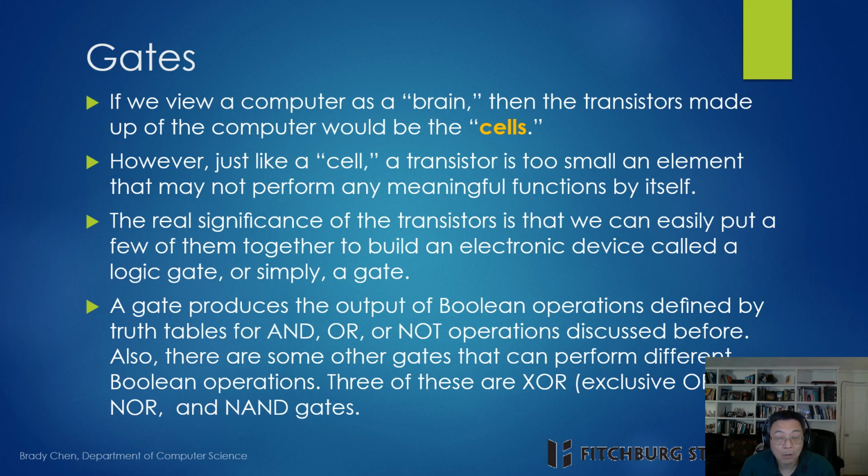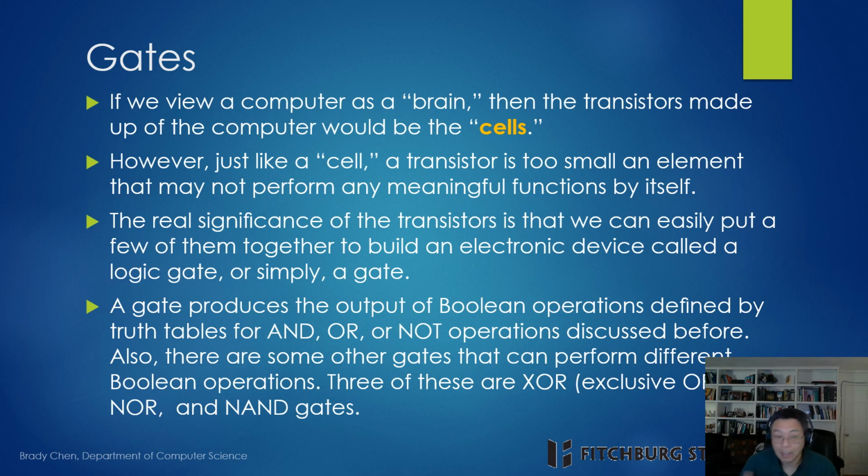Besides AND, OR, and NOT, there are some other gates that perform different Boolean operations, and we're going to introduce these as well. They are the exclusive OR gate, the NOR gate instead of OR, and the NAND gate versus the AND gate.